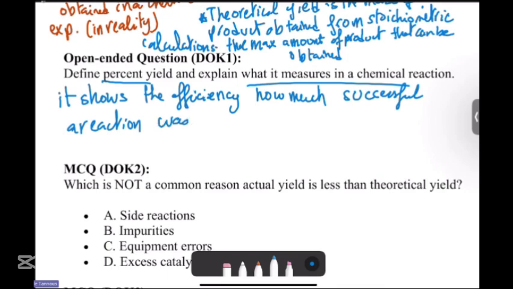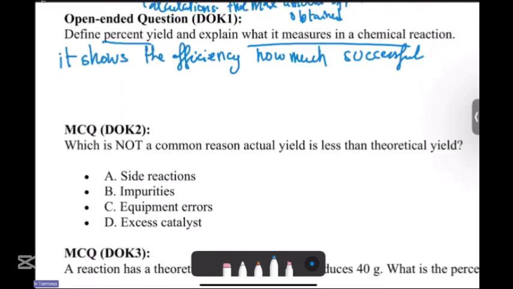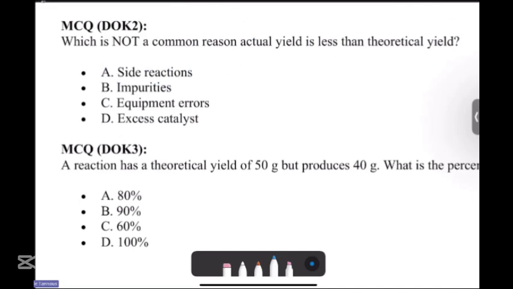So you perform your reaction in the lab and you measure the percent yield to see what the expectations were and what you obtained in reality. So we always calculate the percent yield so that we make improvements or repeat the experiment to see if we can make it better.